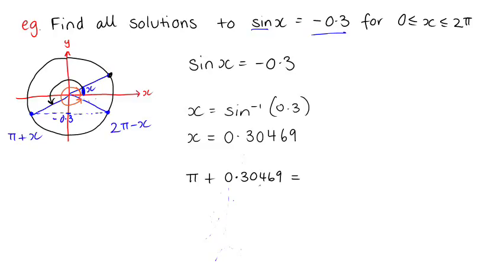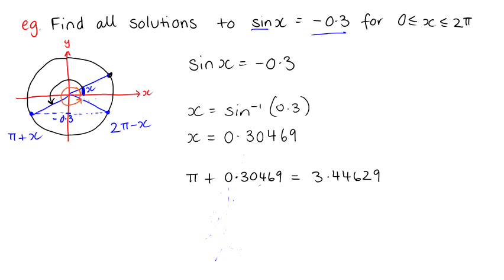Okay, so this is just calculator, so pi as in 3.14159 plus that would give you 3.44629. Rounded is fine.